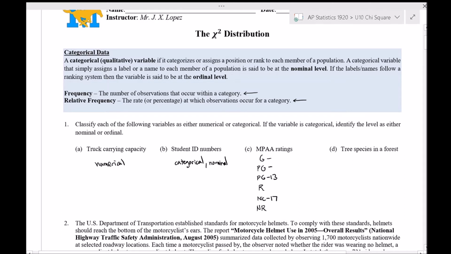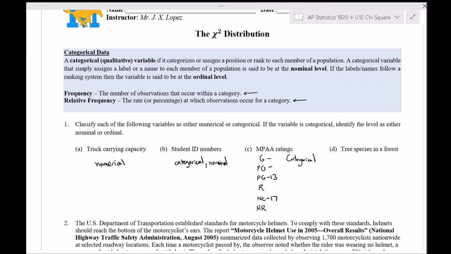So first off, this is not numerical. Now there might be a one-to-one correspondence with an age, but no, I don't want to consider anything at that level. This is going to be categorical strictly because we're splitting up movies by the name that we're giving. It's a category, so this is categorical. Now, it might make sense to say that this is not just nominal.